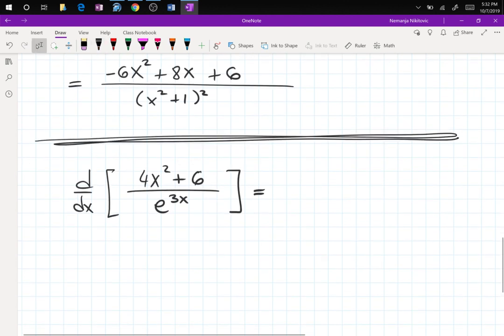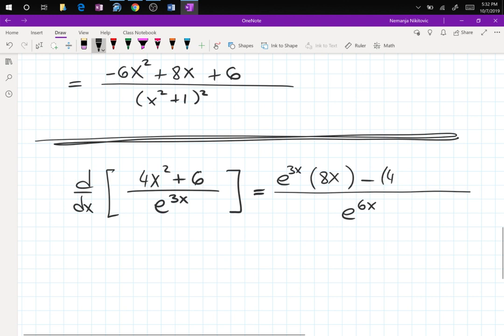Okay, so we take the denominator and square it, which becomes e to the 6x. Then we put e to the 3x, copy, the derivative here is 8x, derivative of 6 is just 0, minus copy 4x squared plus 6 times the derivative of e to the 3x, which is 3e to the 3x.